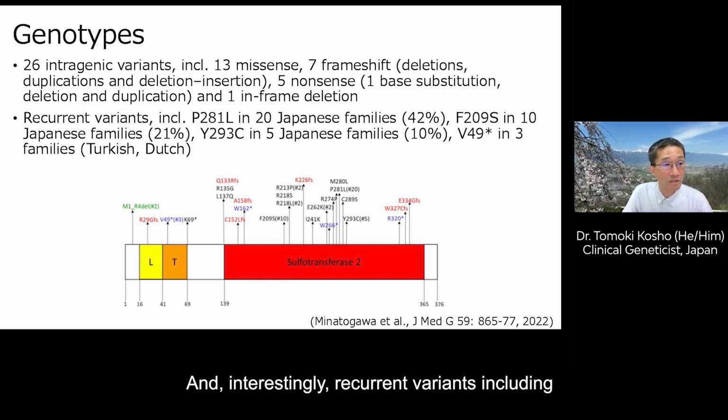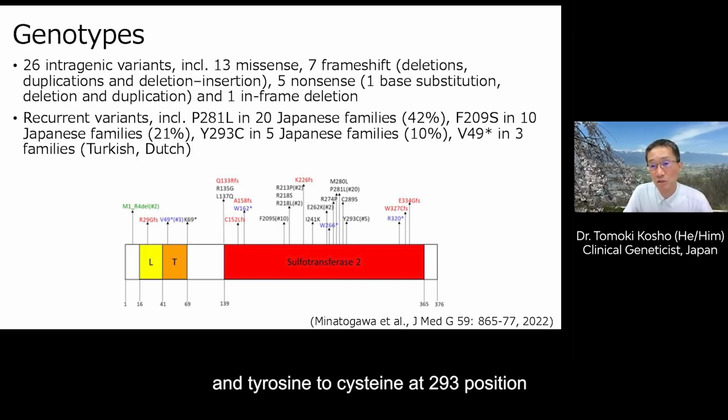Interestingly, there are recurrent variants, including proline 281 leucine in 20 Japanese families, phenylalanine 209 serine substitution in 10 Japanese families, tyrosine 293 cysteine in 5 Japanese families, and valine 49 stop codon in 3 families of Turkish or Dutch descent.